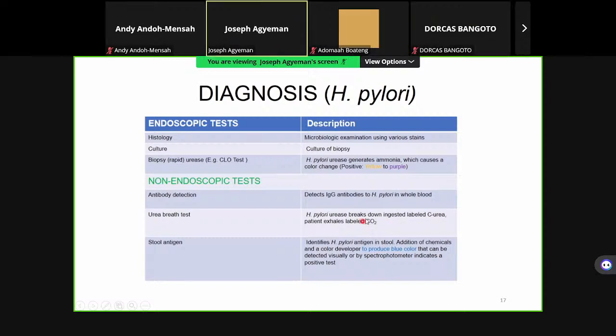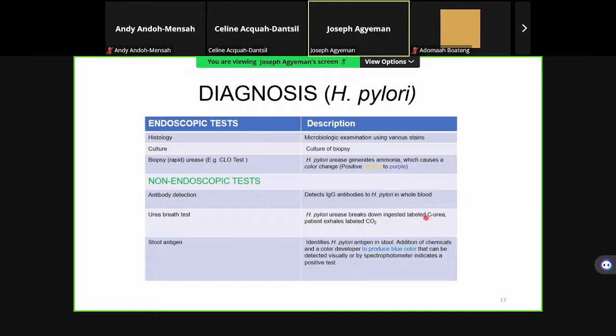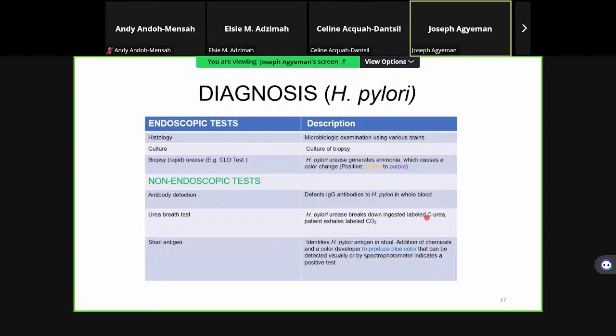Therefore, if the carbon dioxide is coming out, then it was urease, which means H. pylori is also there. Are you okay with the urea breath test?